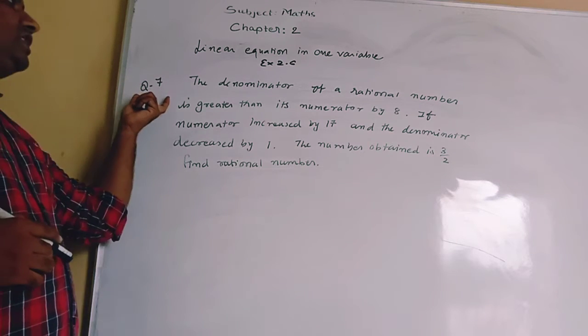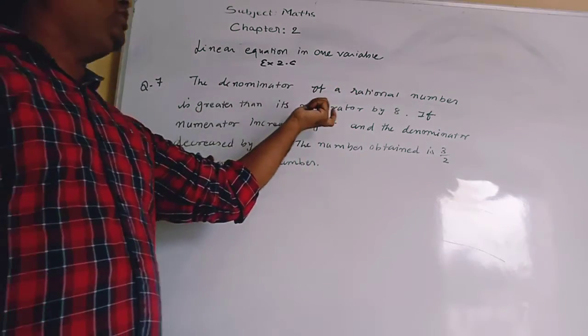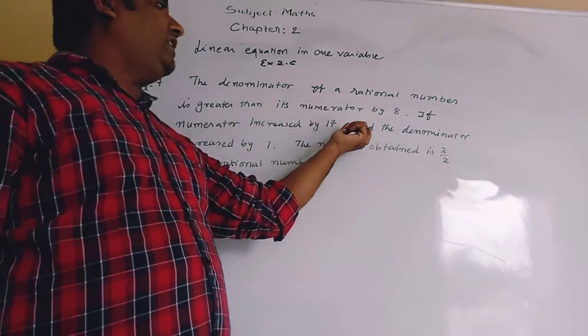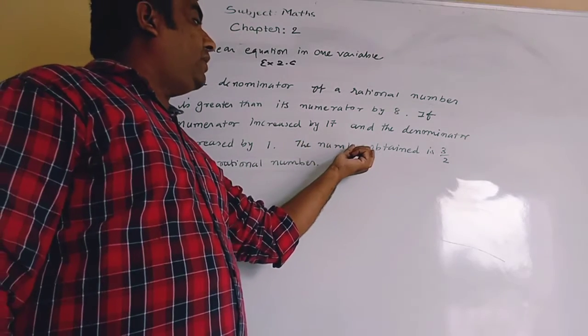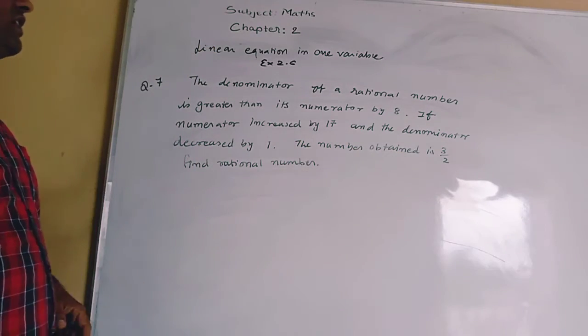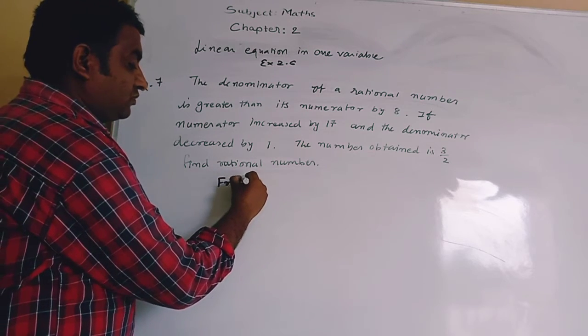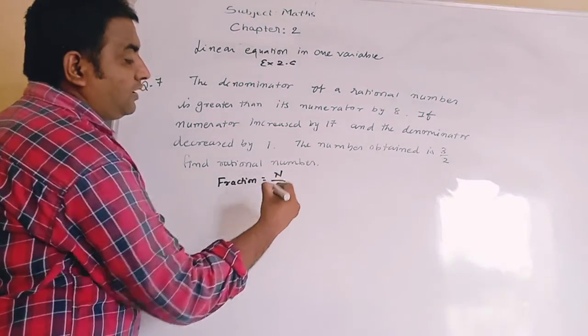We have question 7. The denominator of a rational number is greater than its numerator by 8. If the numerator is increased by 17 and the denominator decreased by 1, the number becomes 3/2. Find the rational number. So we know that fraction equals numerator by denominator.